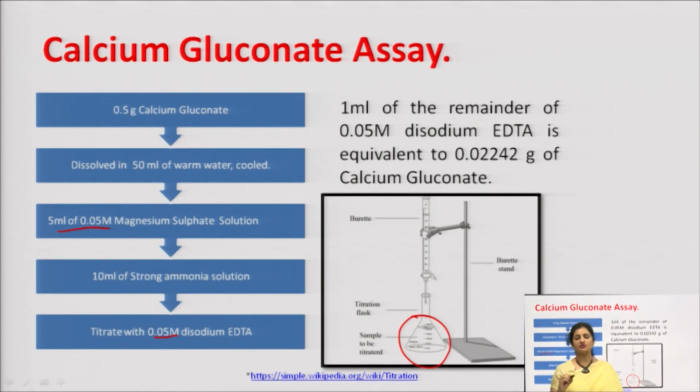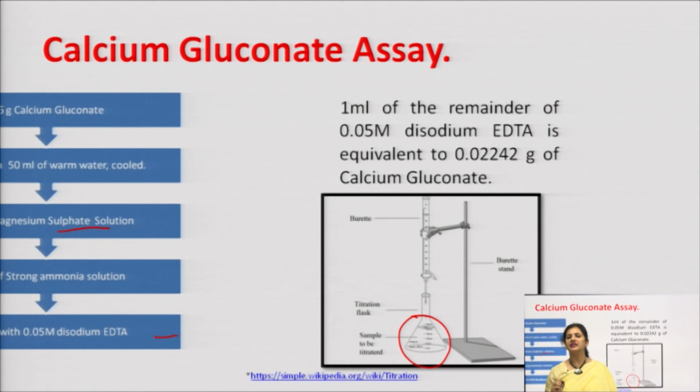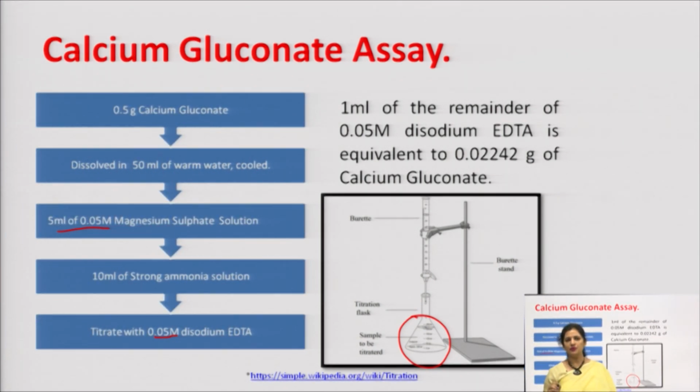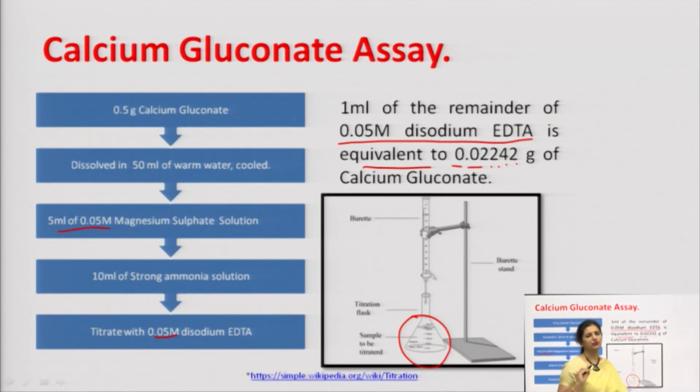And when the color changes from red to blue, I will just go to the previous slide. See, what is the end point? End point is red to blue, fine. So, in this titration, when the color changes from red to blue, it means the titration has been done. And then we take the factor into consideration. What is that? 1 ml of 0.05 molar disodium EDTA is equivalent to 0.02242 gram of calcium gluconate.